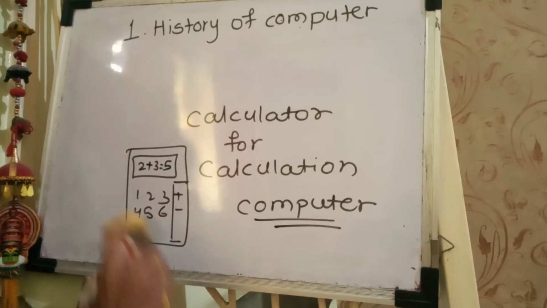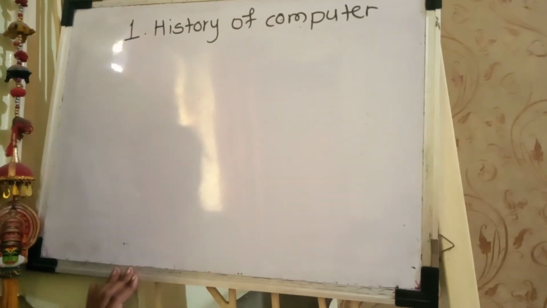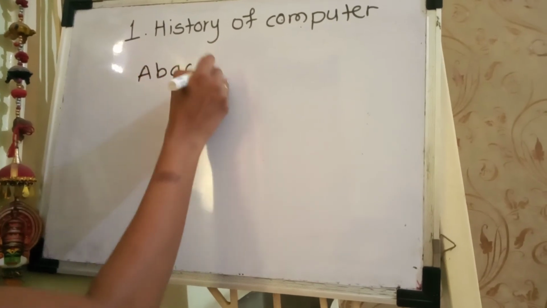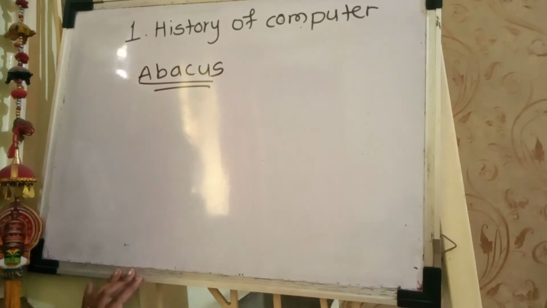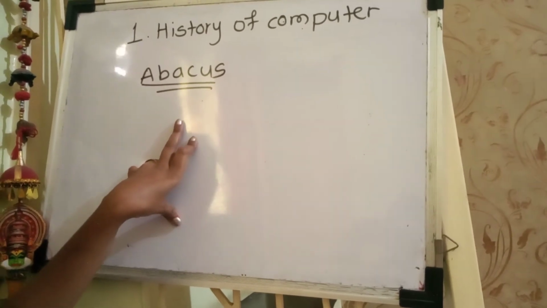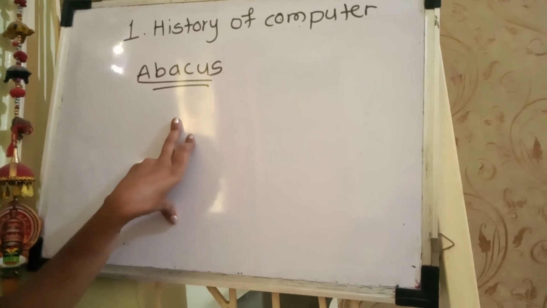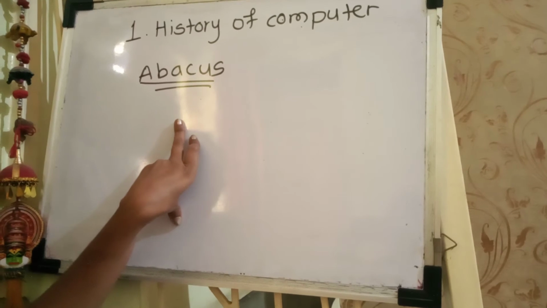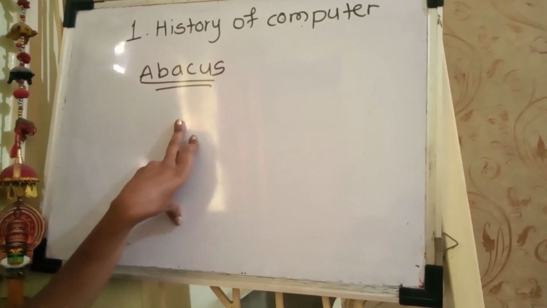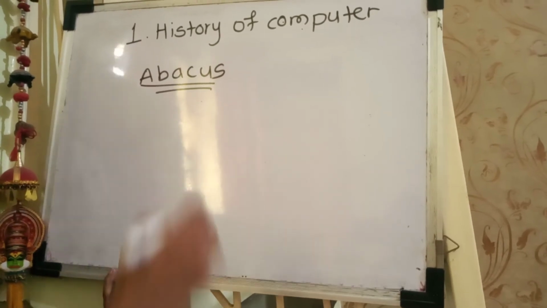We'll start from the abacus. The abacus was the first calculating device. It was developed by the Chinese and has been in use since 500 BCE. It was mainly used by merchants to perform basic calculations such as addition, subtraction, multiplication and division.